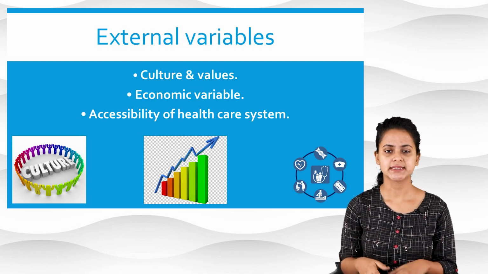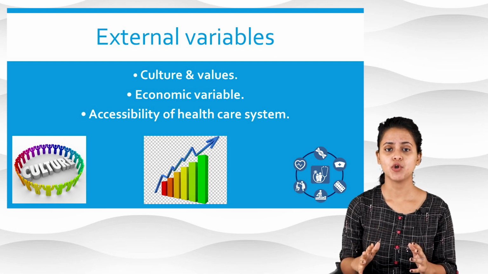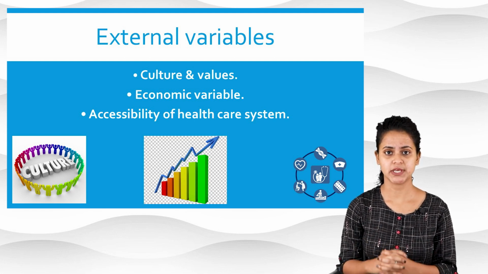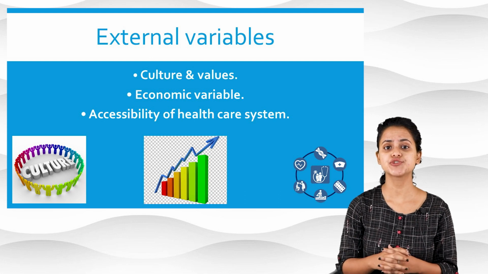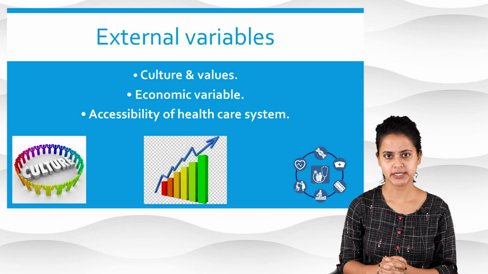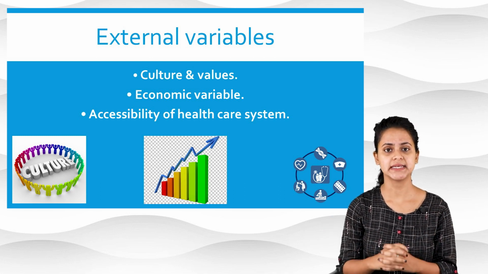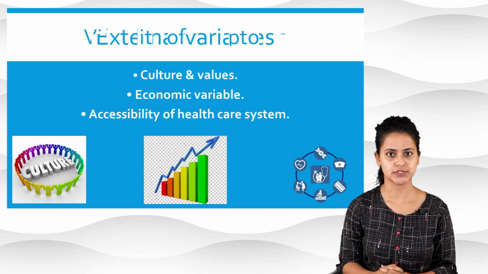So basically, these five are the most important external variables which influence the illness behavior. We are going to read one by one about these external variables in detail, and how they influence the illness behavior of an individual.